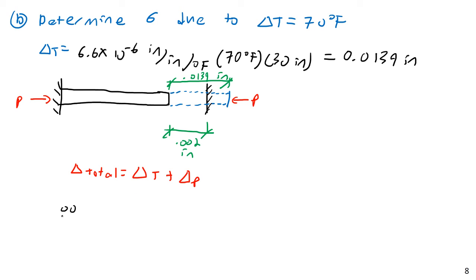0.002 inches equals 0.0139 inches plus sigma times 30 inches over 29,000 KSI.